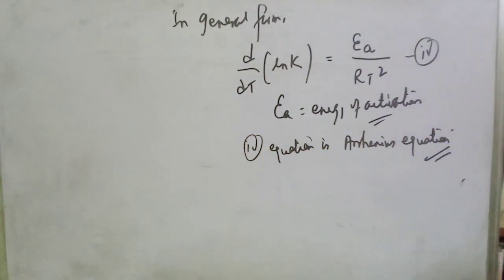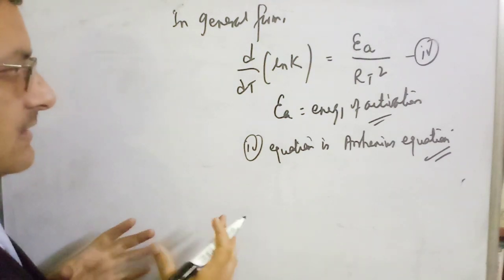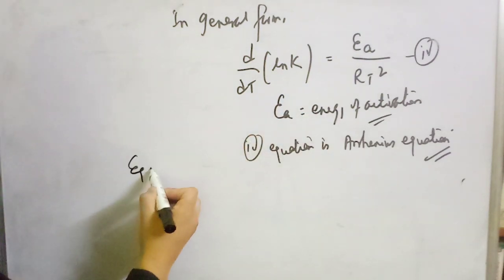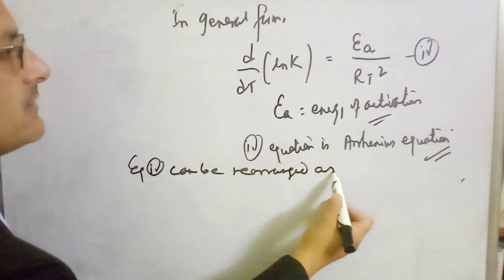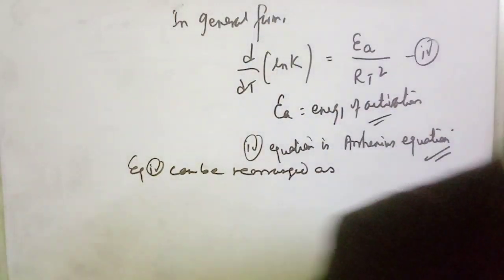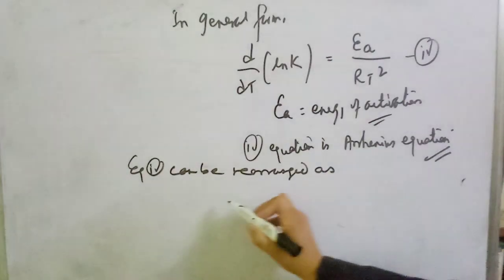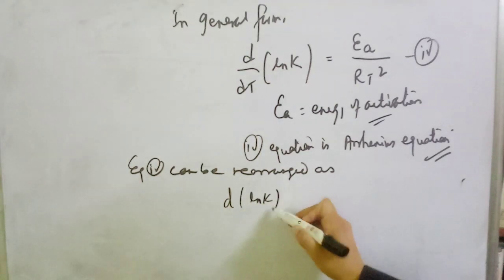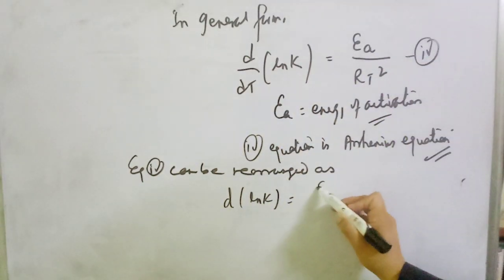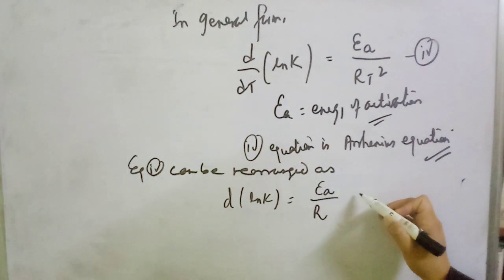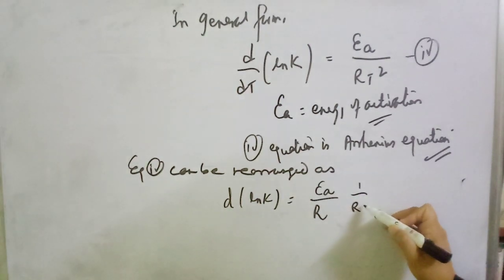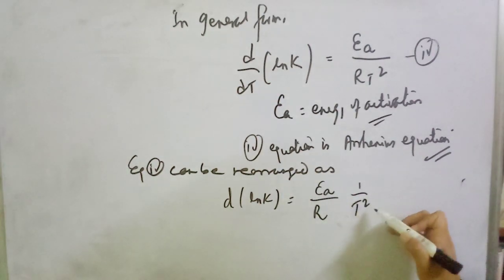Now we can simplify this Arrhenius equation further. You can rearrange this. Equation 4 can be further rearranged as d ln k equals EA upon R times 1 upon T square dt.